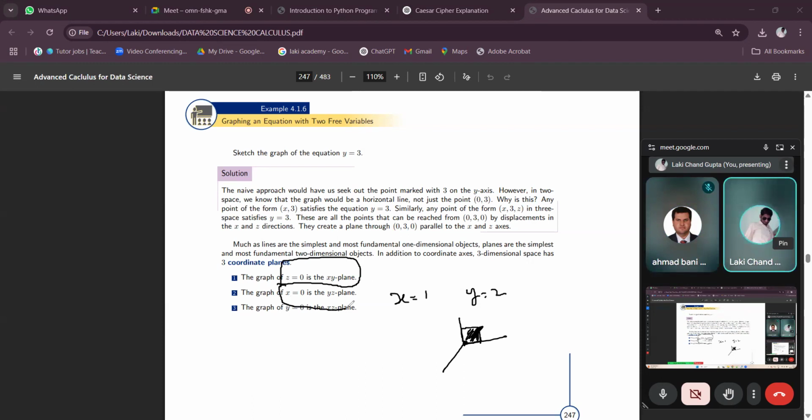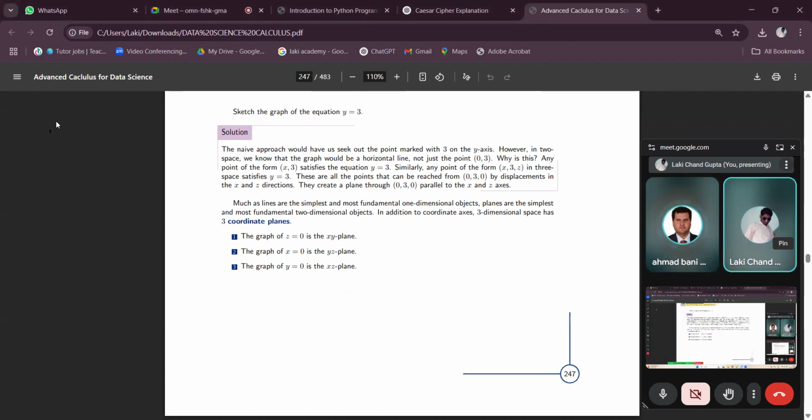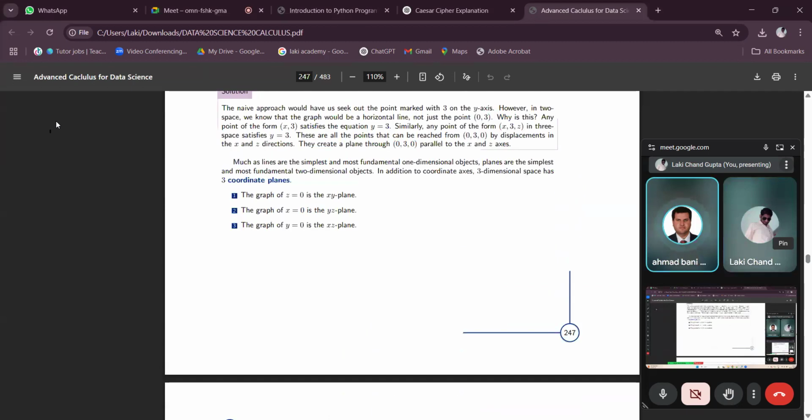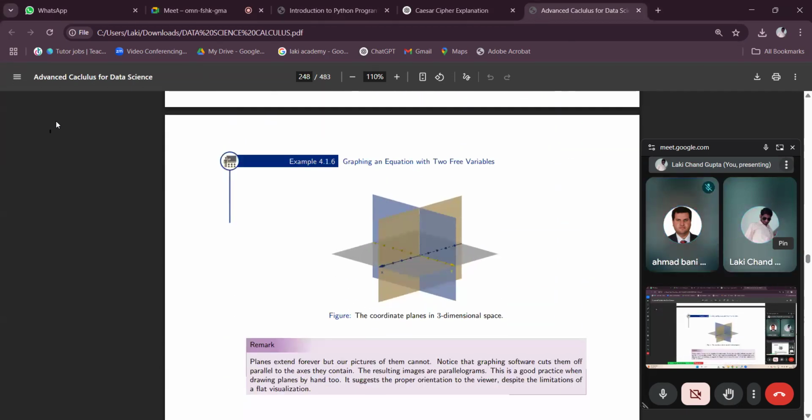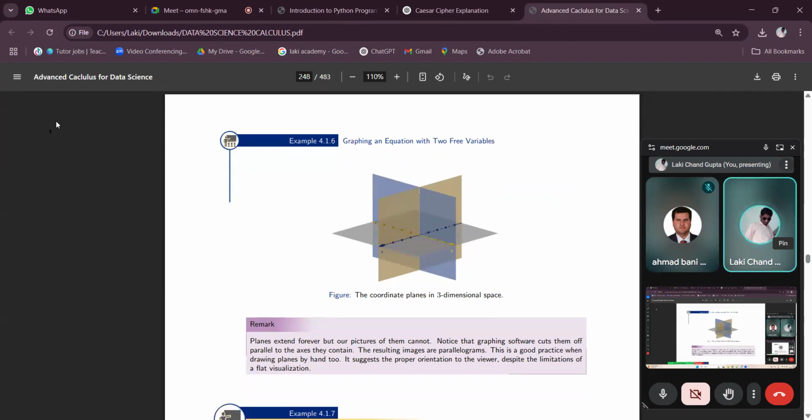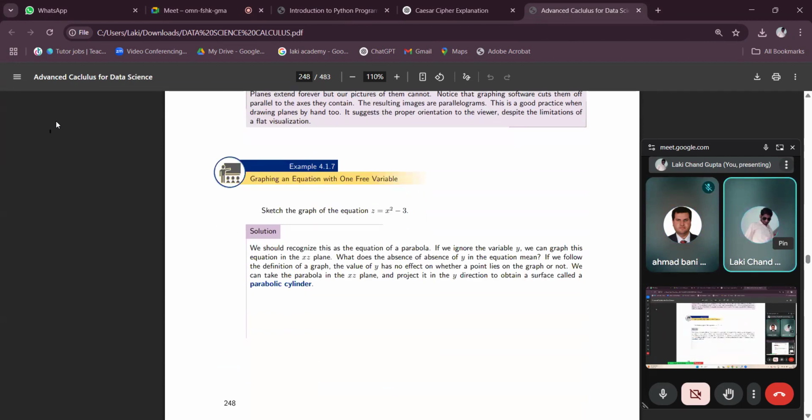Similarly, for x equal to 0, you will make a yz plane. When y is equal to 0, it is the xz plane. You are missing one coordinate. This is the coordinate system in 3D.